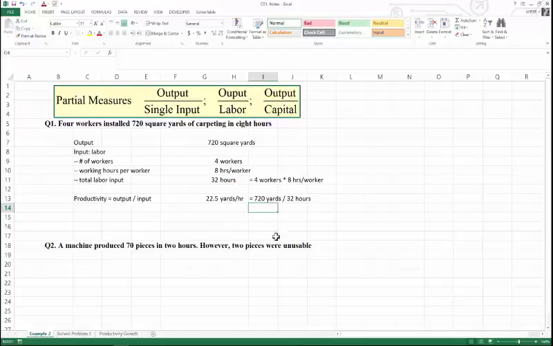We need to take away those 2 unusable pieces. So when we do question 2, let's see what the output is. The total produced pieces is 70 pieces.